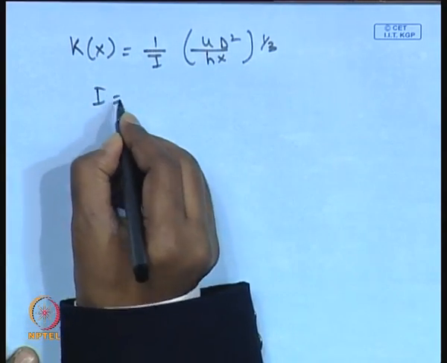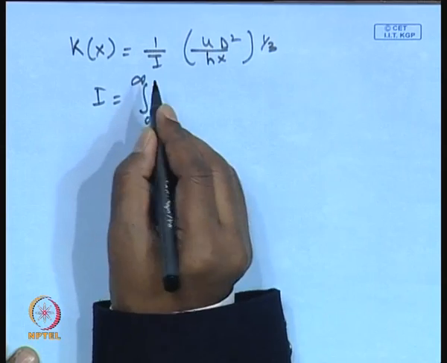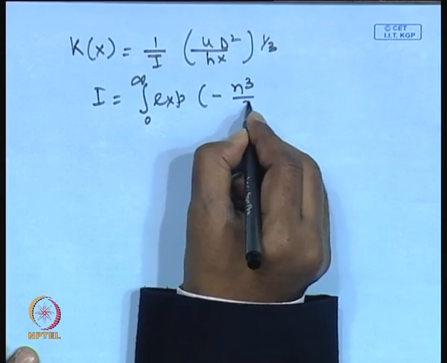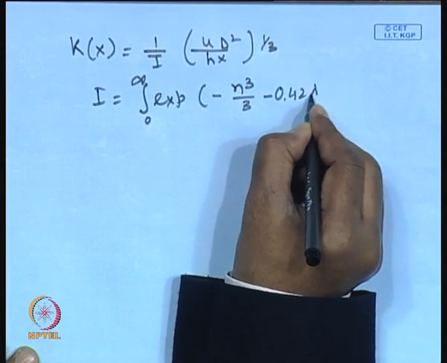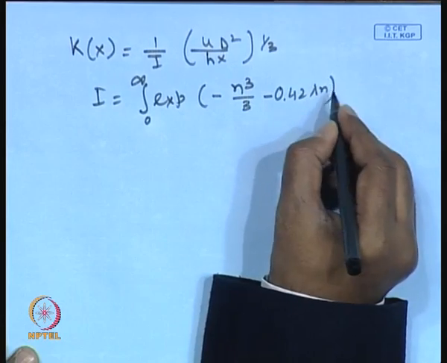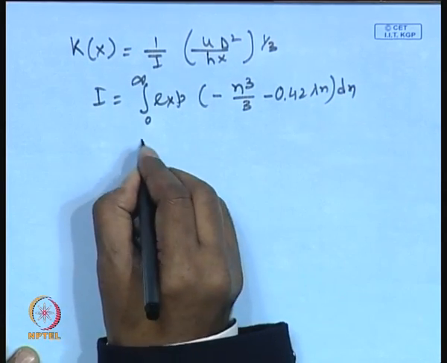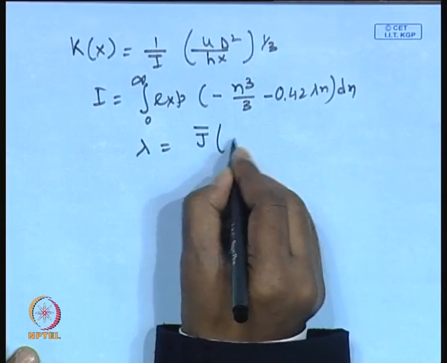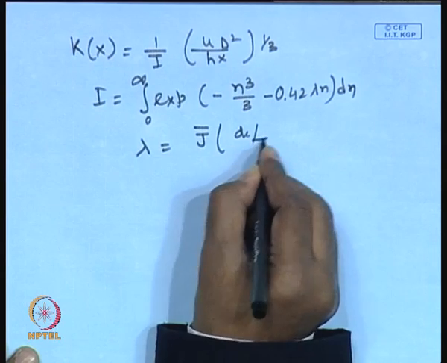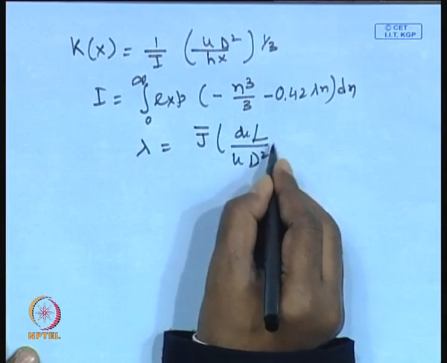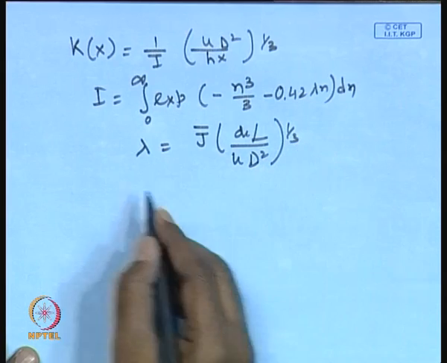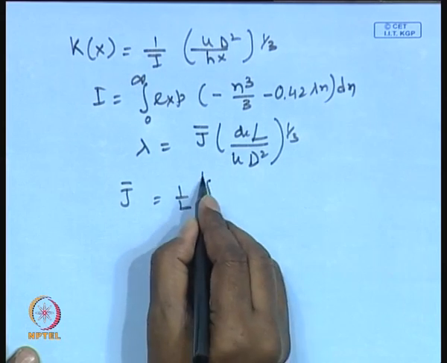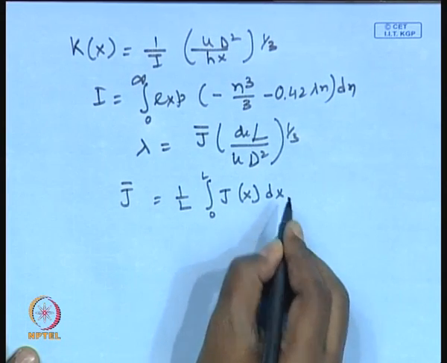And I can be expressed as the definite integral from 0 to infinity of exponential minus eta cube by 3 minus 0.42 lambda eta times d eta, where the suction parameter lambda is nothing but j bar, the length average permeate flux, divided by d times L multiplied by u d square raised to the power 1 upon 3, where j bar is nothing but 1 over L, integral 0 to L of jx dx. Okay.